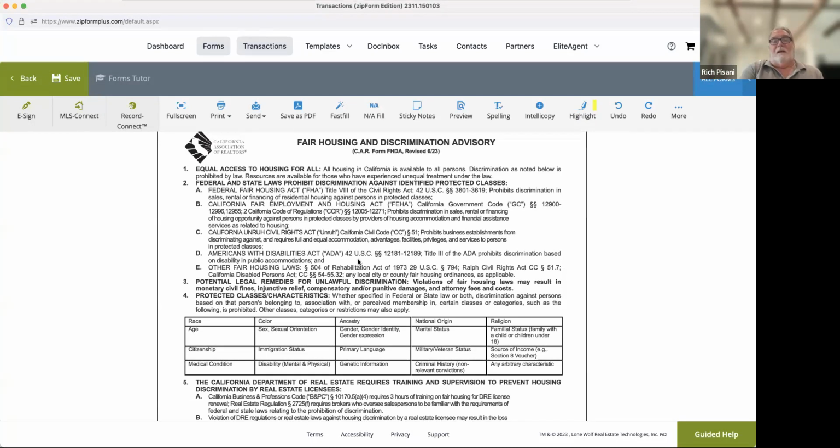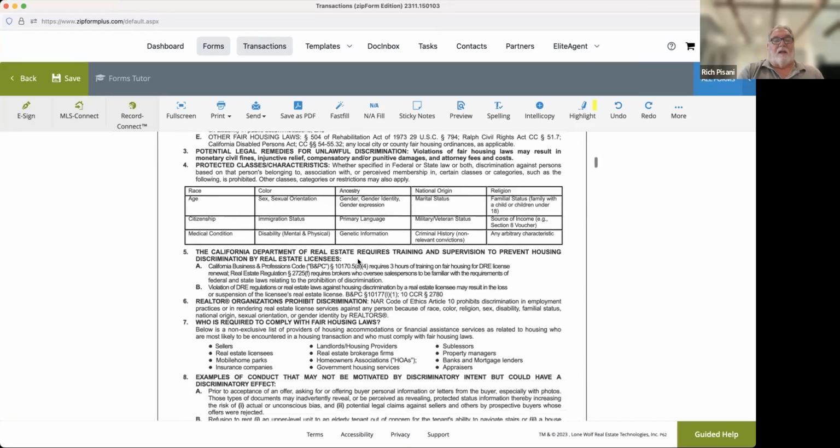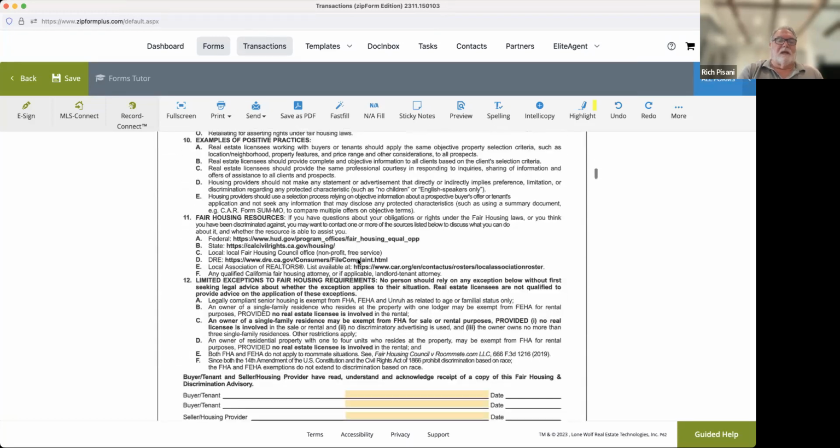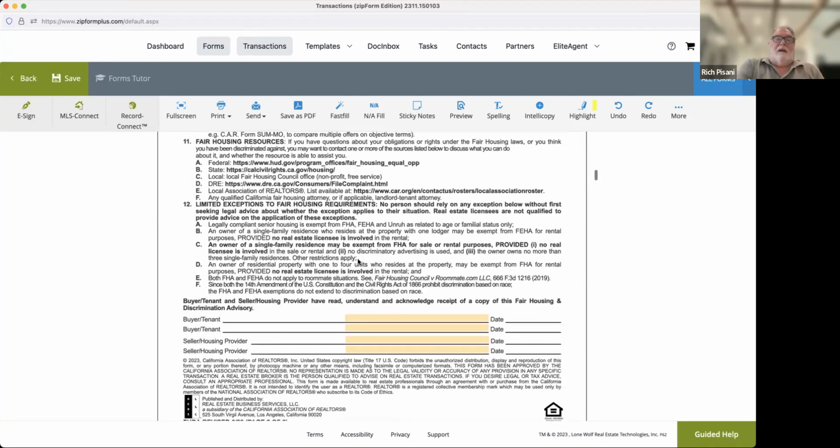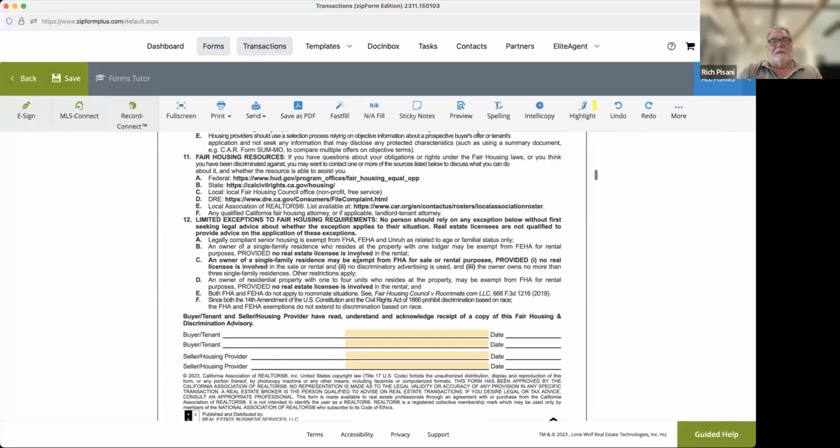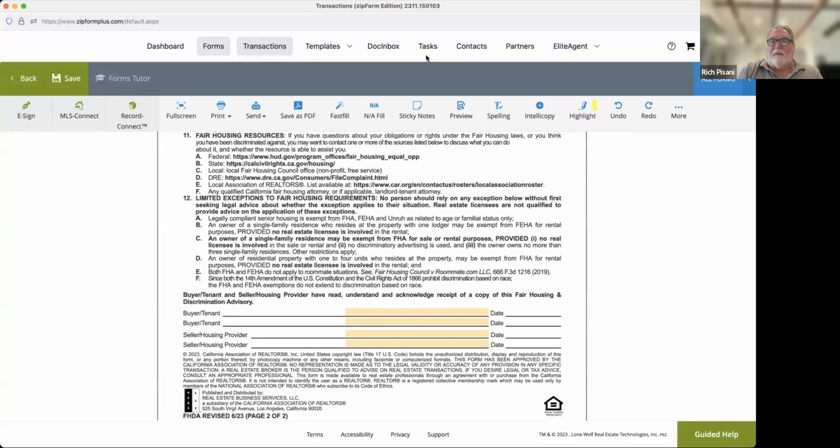So if you have a client, like a seller, who says, well, I don't want to sell to a specific protected class, then you need to explain that that is a fair housing violation, and they can be sued because of that. And if they persist, then you should get rid of that client. So that's what the second form is, and you can read this and go through exactly what it is.